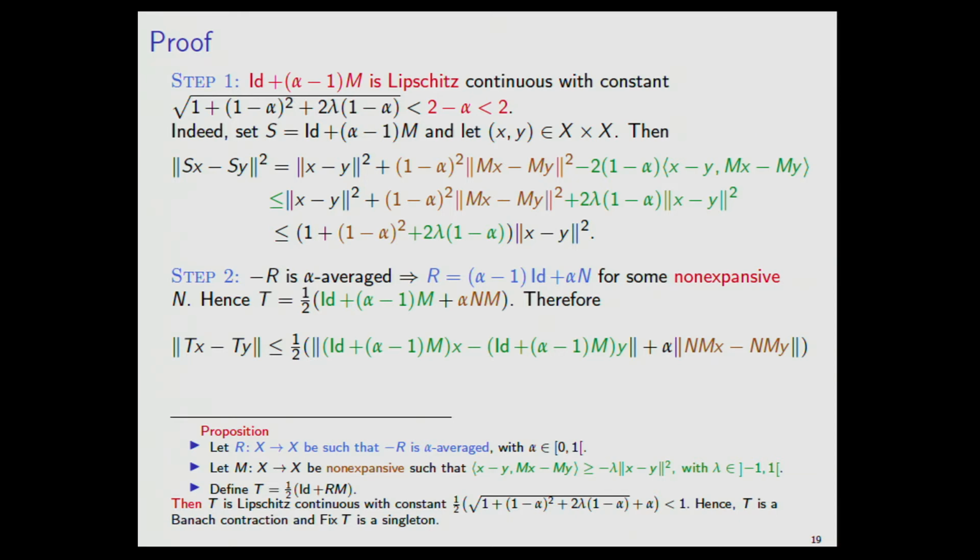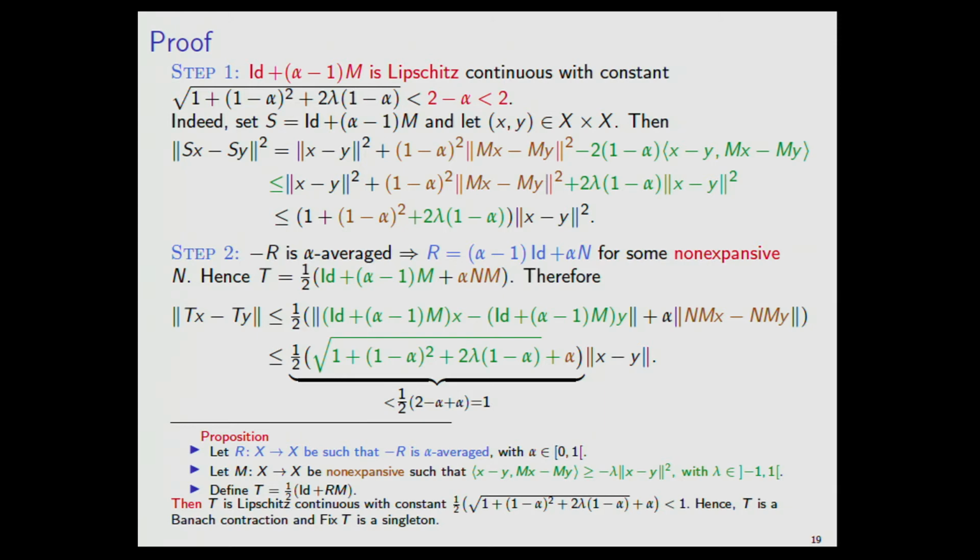The first green term comes from here, and the brown term comes from here. The next inequality, this part comes from the first step, and this part comes from the fact that both M and N are non-expansive, so their composition is non-expansive, and we get an alpha here. Therefore, because this is less than 2 minus alpha, and we get an alpha from here, that would be less than 2, and there is a 1/2 that's strictly less than 1. So we get that this is a contraction with the claimed factor.